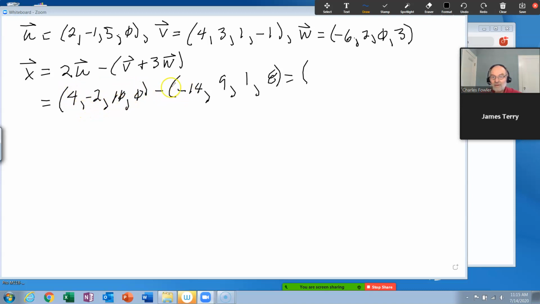All right, I think we can do this pretty well, can't we? 4 minus a minus 14. They're there to trip you up. That's the only purpose of a minus sign, to trip you.